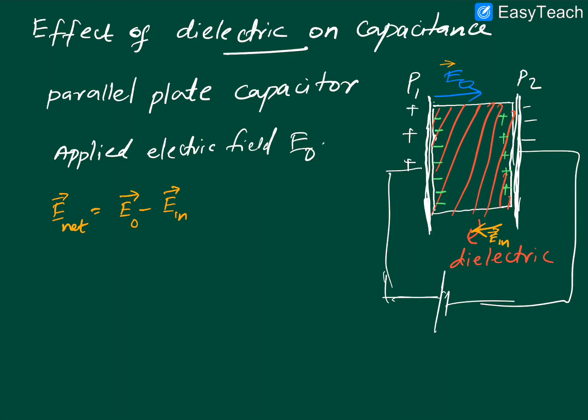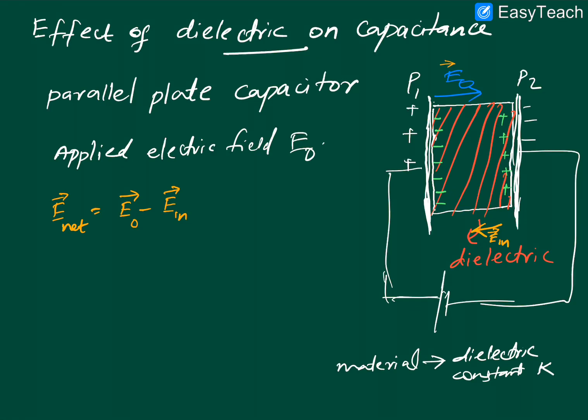But you are placing a dielectric that has a dielectric constant K, capital K. You are placing a material and its dielectric constant is K. When you place it, the net field in between the plates reduces, isn't it? Now it is not E0, it is E0 minus E induced, which will be less than E0.